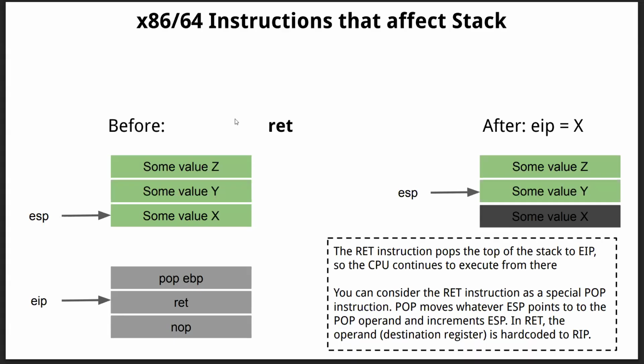The return instruction will pop whatever ESP points to. ESP points to X, so the next instruction we are going to execute is at address X. We're not going to execute the next NOP instruction. Instead, we're going to address X. So this one will not be executed.